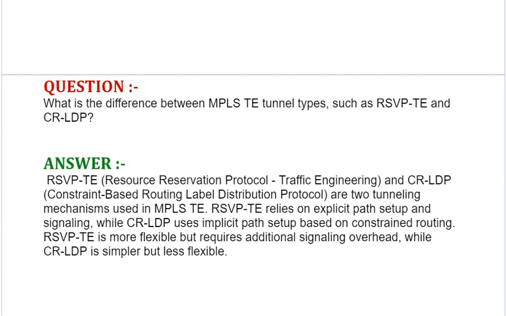RSVP-TE relies on explicit path setup and signaling, while CR-LDP uses implicit path setup based on constrained routing. RSVP-TE is more flexible but requires additional signaling overhead, while CR-LDP is simpler but less flexible.